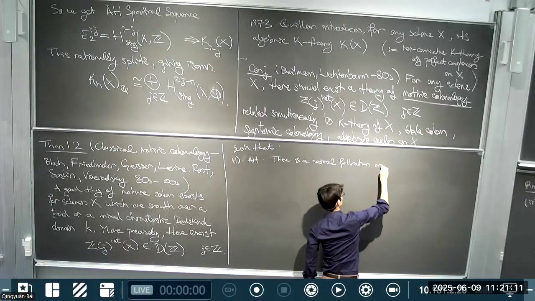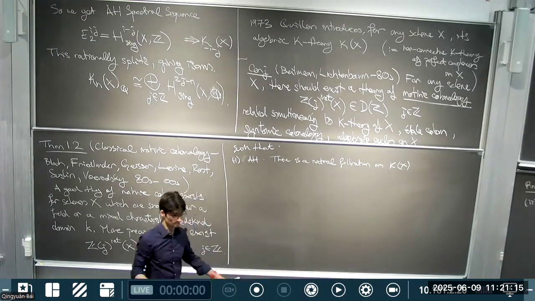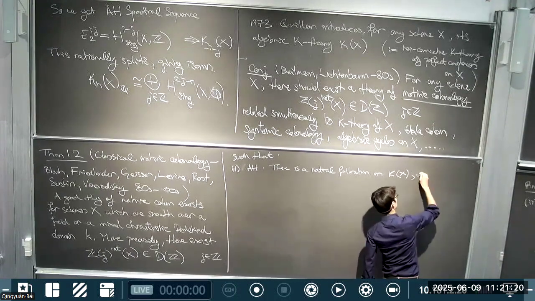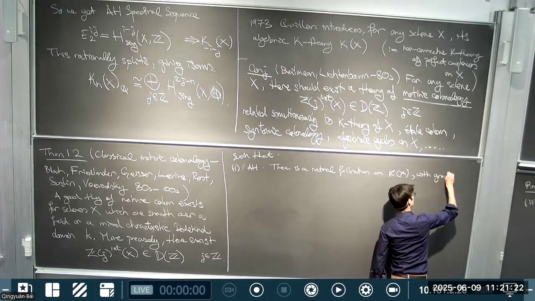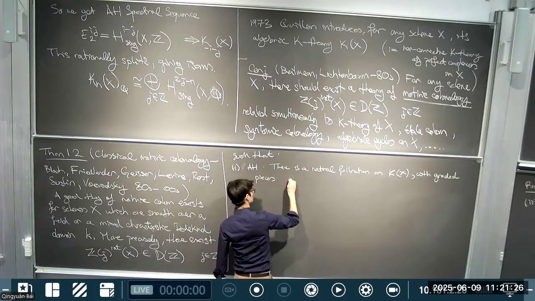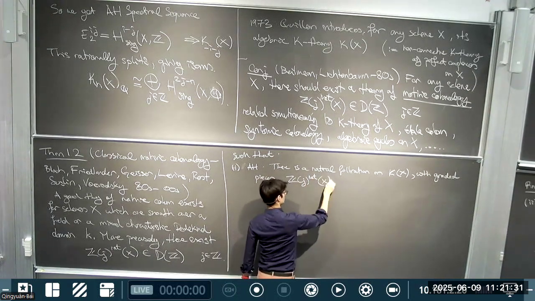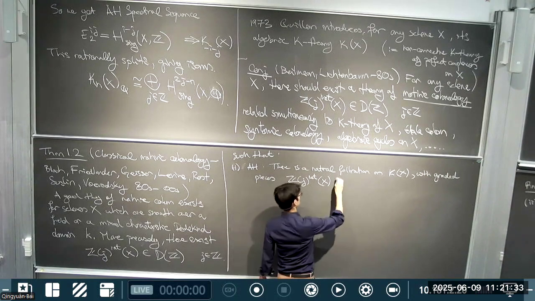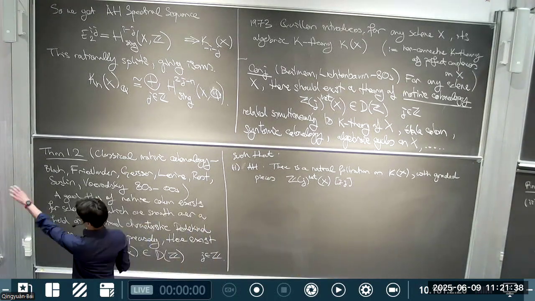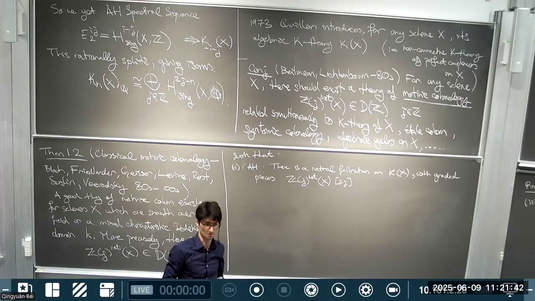There's a natural filtration on the algebraic K-theory spectrum of our smooth scheme X, with graded pieces being the shifts, in the same way as we had in the topological case, of these various motivic cohomology complexes.